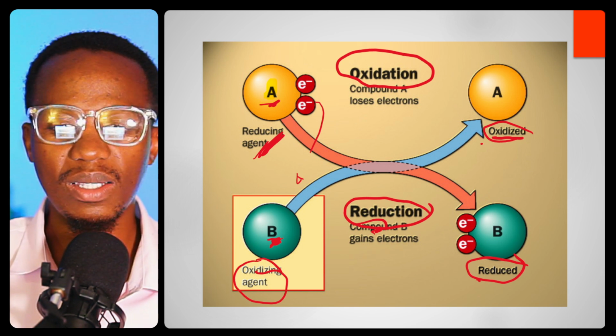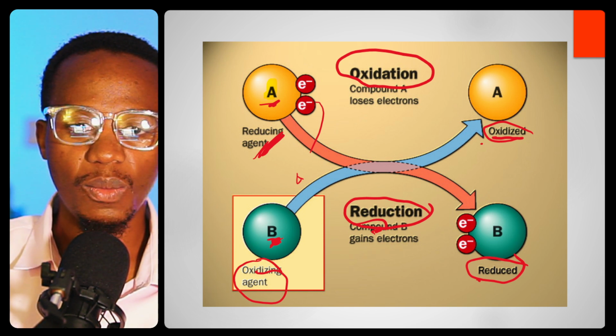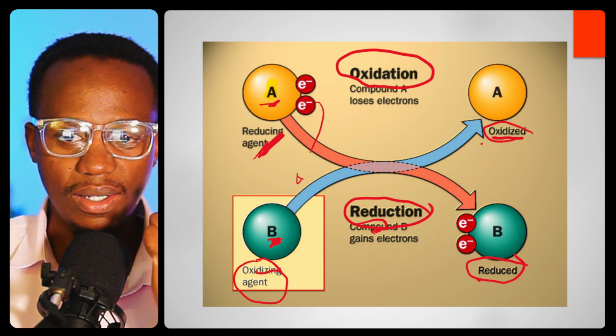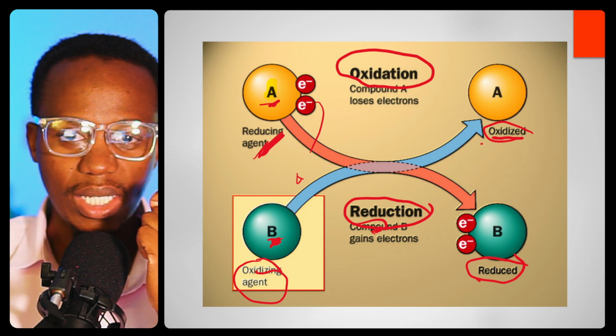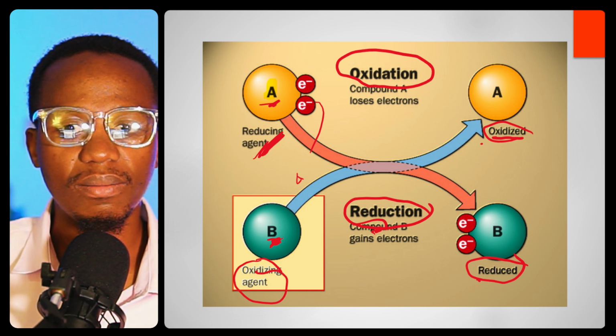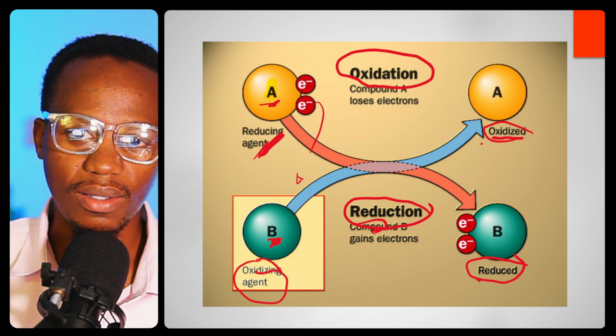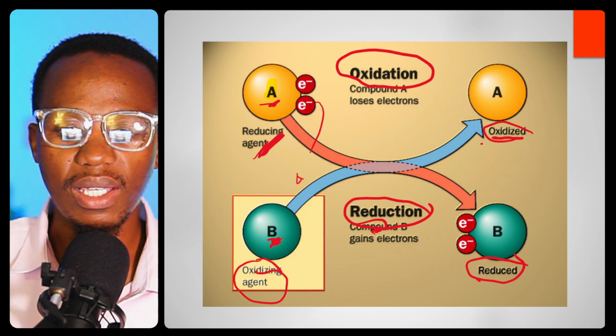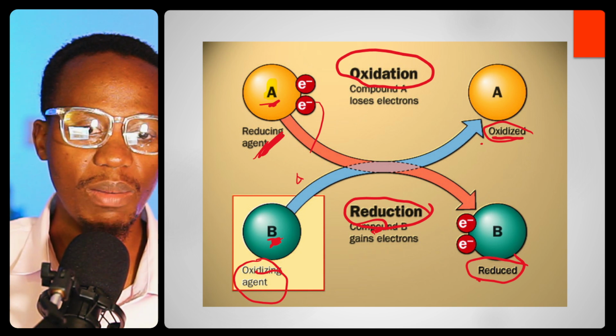I think that makes sense, right? We have an oxidizing agent and reducing agent. The reducing agent undergoes oxidation, becomes oxidized. And oxidation means losing electrons, right? So these are very important terms when it comes to electrochemistry.